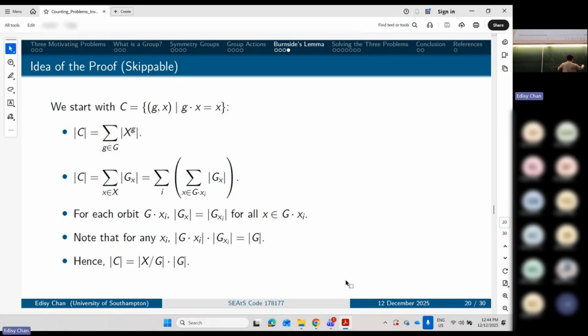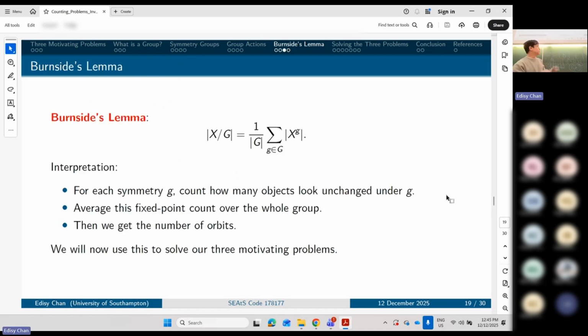I call this alpha. How many alphas do you have? Exactly the number of orbits, which I call K. So you have K alpha there. Now you can see that K alpha is just that original sum, and you move that alpha, the number of elements in G, over there, then you will get your formula.